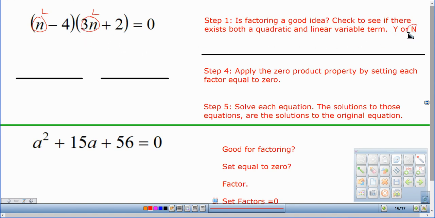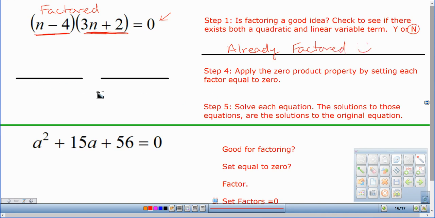Factoring is not a good idea here. But did you notice that this is already factored? It already says something times something gives me 0, which actually makes this a little bit easier. It's already factored. We didn't have to go through that process.